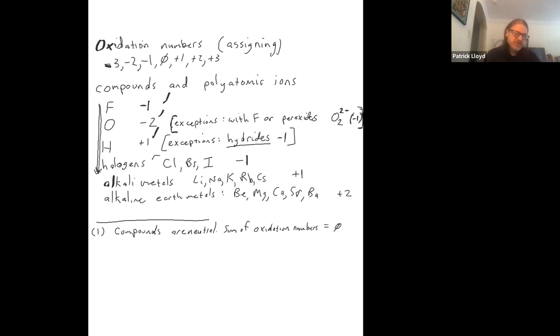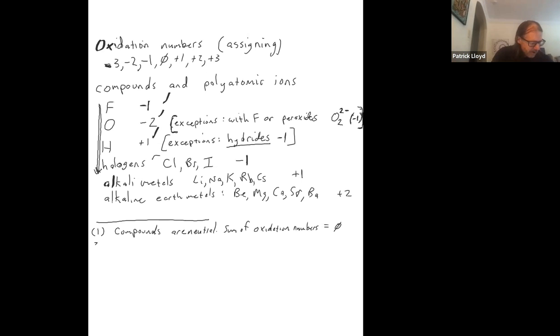That's another way of saying that they're neutral. All of them added up will be 0. So for example, -2 and +2 adds up to 0. -3 and +3 adds up to 0. -3 and +2 and +1 add up to 0. The sum of all the oxidation numbers in a compound has to be 0.